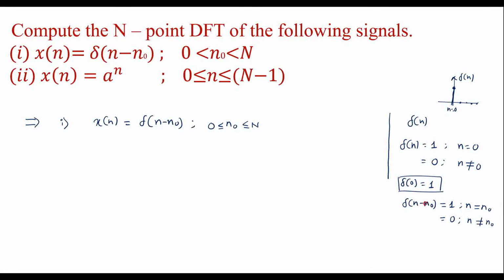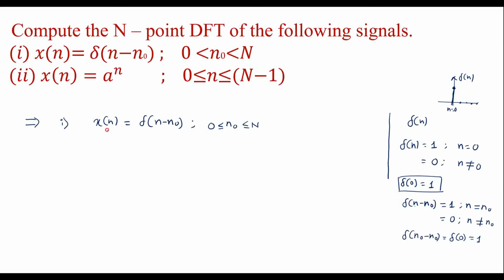Its value will be 1 when n is equal to n0. If we take n equal to n0 in this equation, we get delta(n0 minus n0), which is equal to delta(0), and we know that delta(0) is equal to 1. Now we'll come back to the problem.